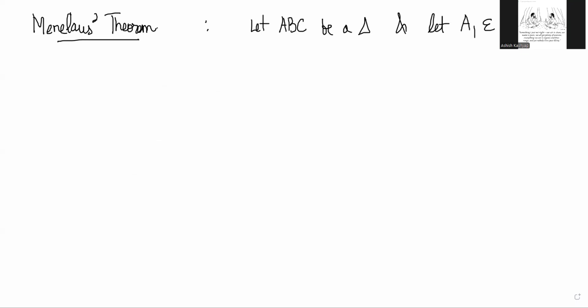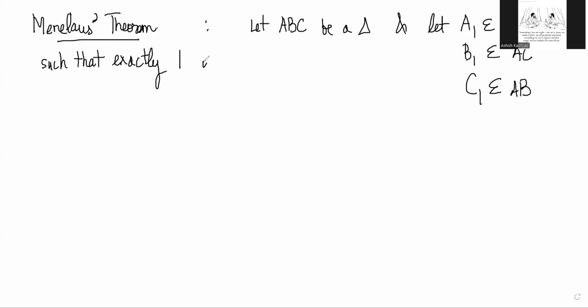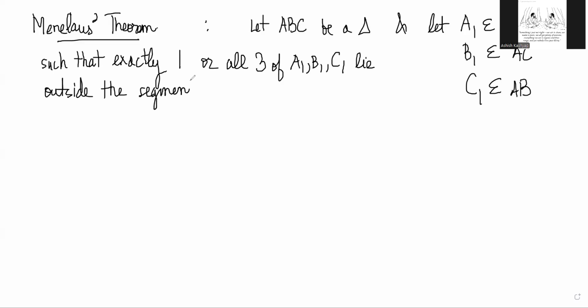Next thing is the proof of Menelaus. So the Menelaus theorem says: let ABC be a triangle and let A1 belong to BC, B1 belong to AC, and C1 belong to AB, such that exactly one or all three of A1, B1, C1 lie outside the segments BC, CA, AB.